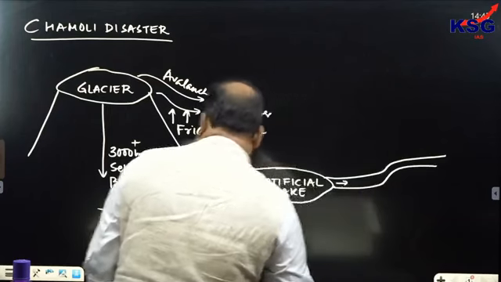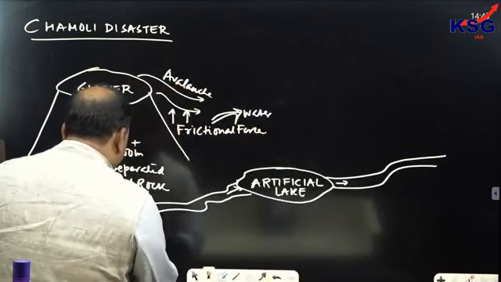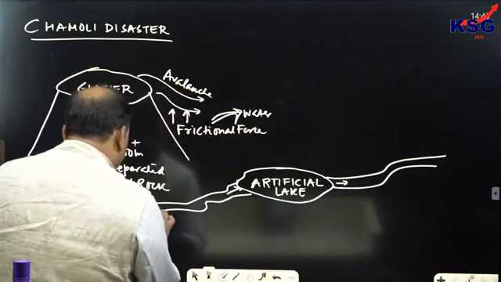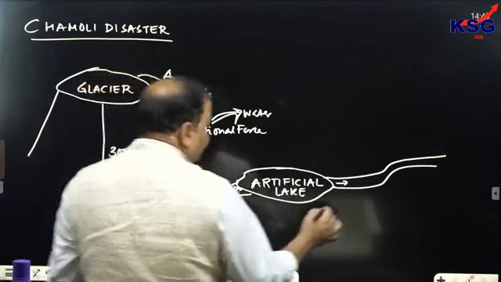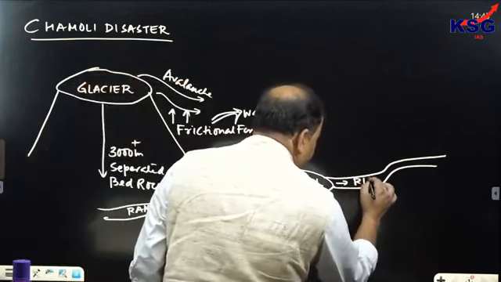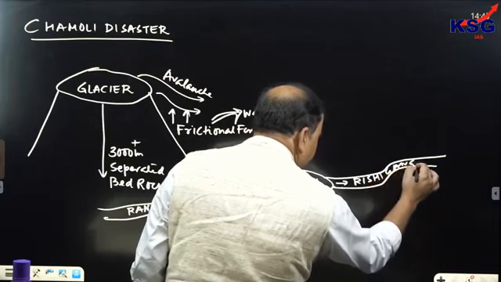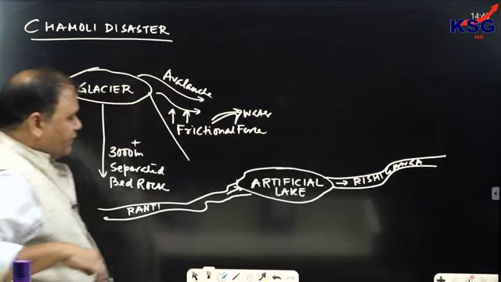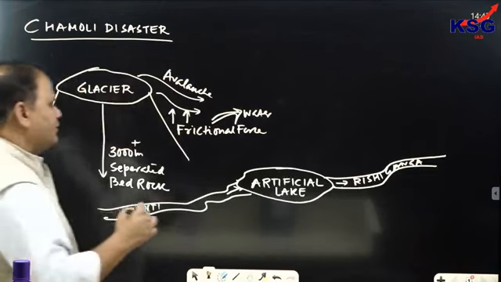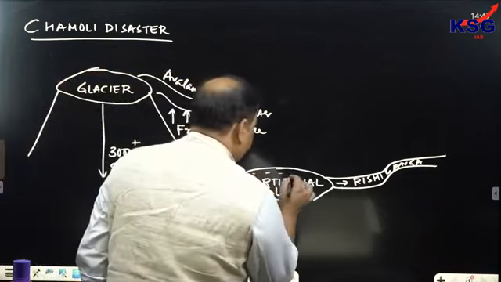One is what? One is Ranti and second was Rishiganga. So this was situated at the confluence of two rivers.